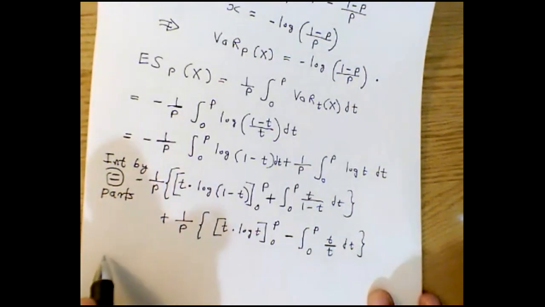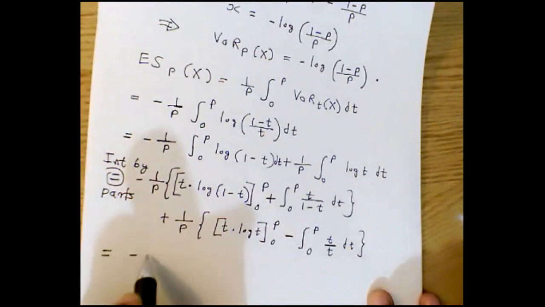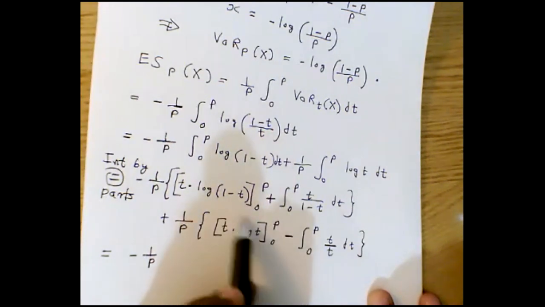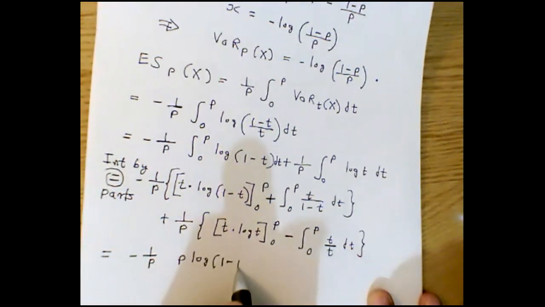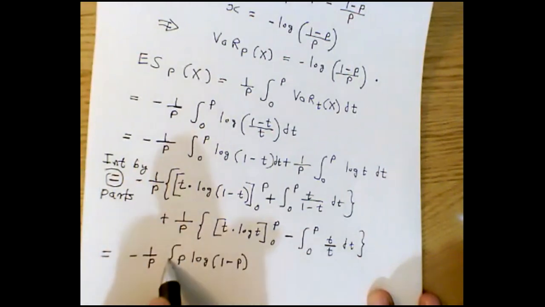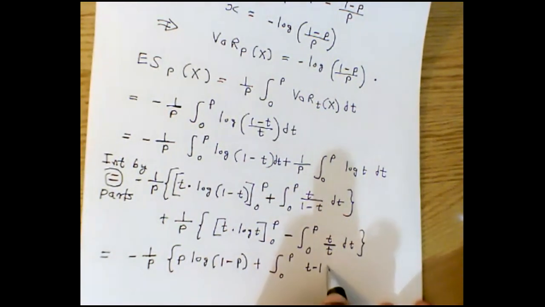All right, now let's see if we can simplify this. This guy here, if you take the limit at p, the limit at 0 is 0, so you get p times log of 1 minus p. And here, this guy, I'm going to write it in a different way. The integral from 0 to p of, I'm going to write this as t minus 1 plus 1. You see why I'm doing this?